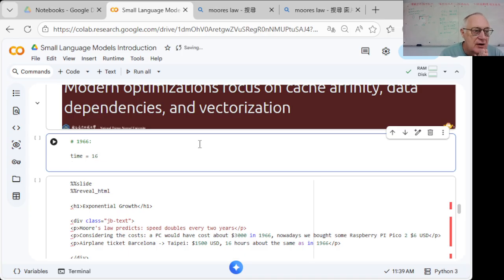Now it doubles every 2 years. So 2 years later, 1968, it would have been 8 hours, right?